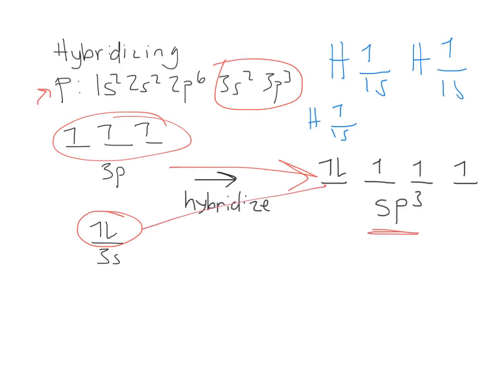So we see that the lone pair come here, and then each electron from the 3p come down here to be able to have those 3 spaces, to be able to give it that tetrahedral. This sp3 is what gives us a tetrahedral shape.